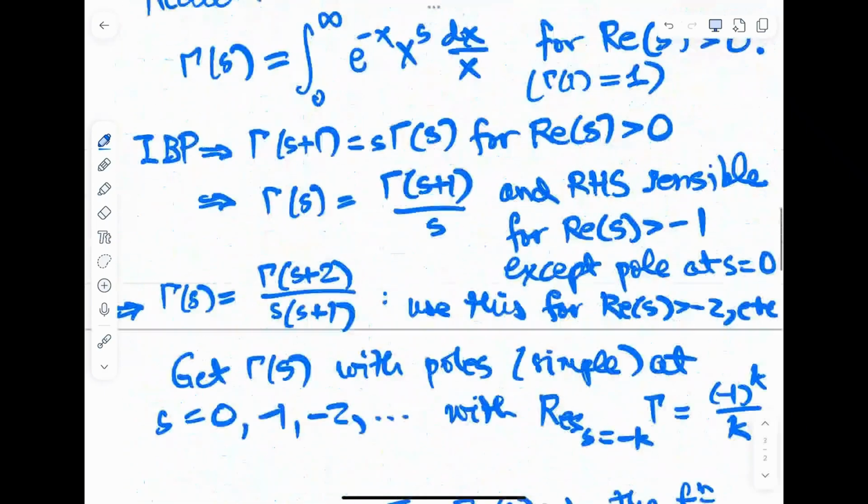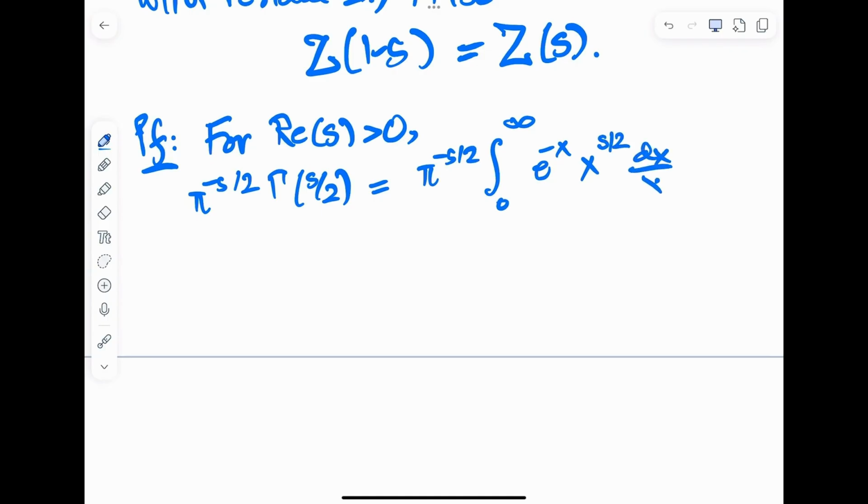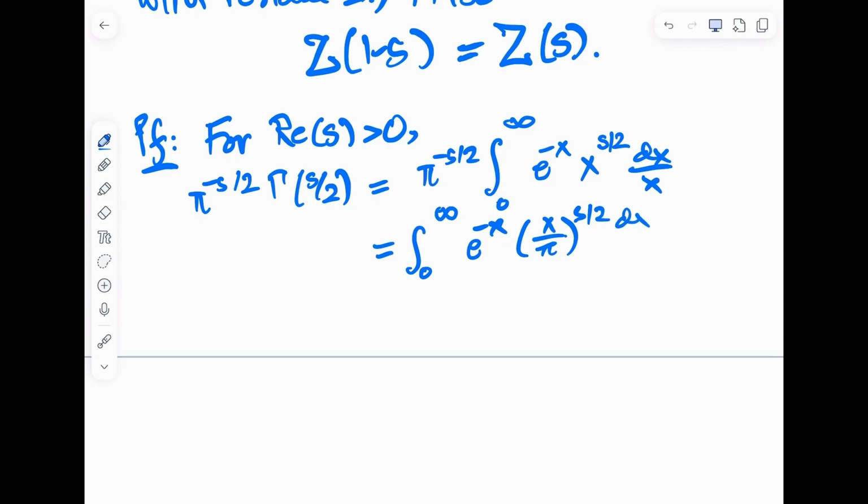I wrote it with the exponential part first: e to the minus x. The parameter is only showing up in the exponent, s over 2. And now let's bring the power of pi on the inside. We'll write x over pi to the s over 2.